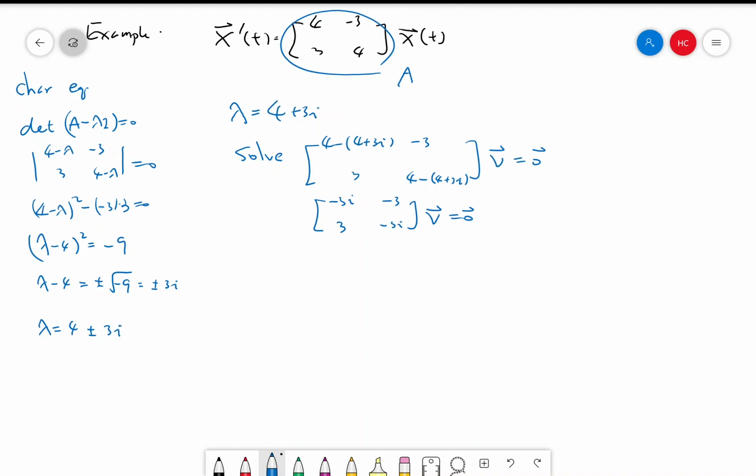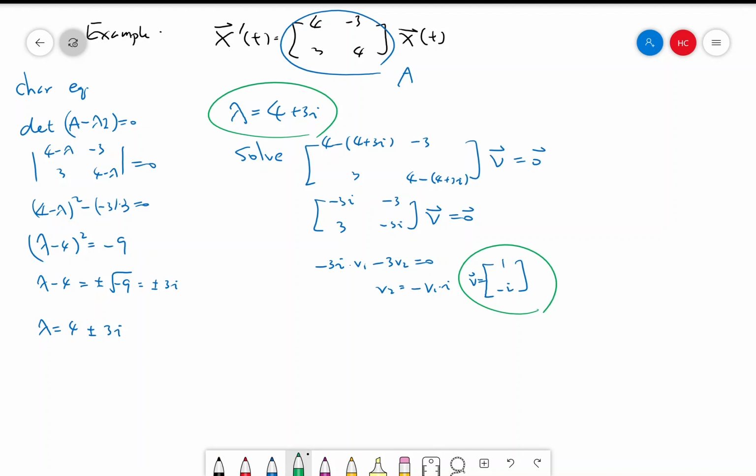You can solve this directly. So we get negative 3i times v1 minus 3 v2 equal to 0. So v2 is negative v1 times i. So a solution will be v equal to 1, negative i. That's the solution. So that's our eigenvalue with corresponding eigenvector.